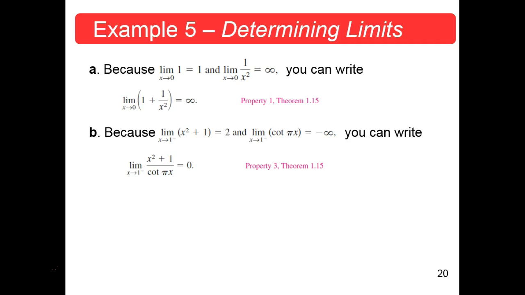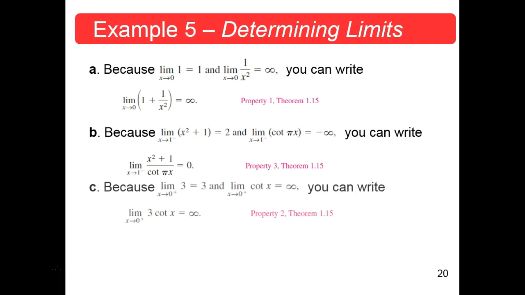If your denominator is getting bigger and the numerator is fixed, which it is, then you're going to 0. So just because something doesn't have a limit, if it's in the denominator, that will send the whole expression to 0, as long as that numerator is not going to infinity.